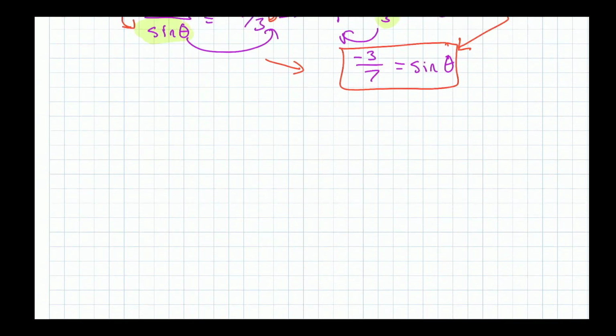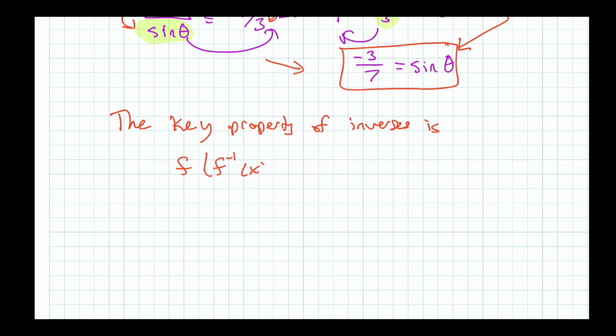You do that somehow. Now, the key thing is there's a property of inverses. This is important. So the key property of inverses is as follows. If you do f of f inverse of x, then f and f inverse cancel and give you x.